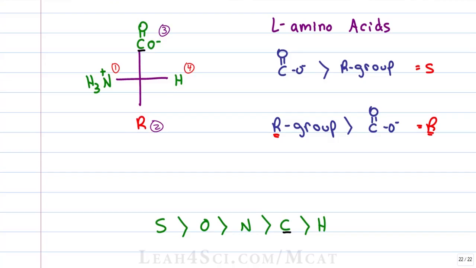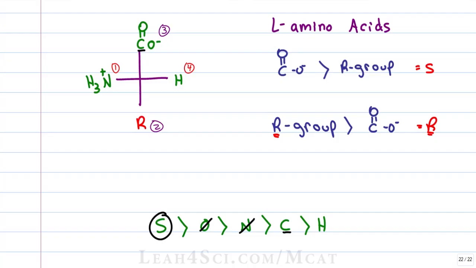For example, serine is a CH2OH, but the carboxylate has 3 bonds to oxygen. Serine only has 1, carboxylate wins. So if we've ruled out the possibility of nitrogen, if the carboxylate has the most bonds to oxygen, the only way to outrank the carboxylate is with a sulfur.